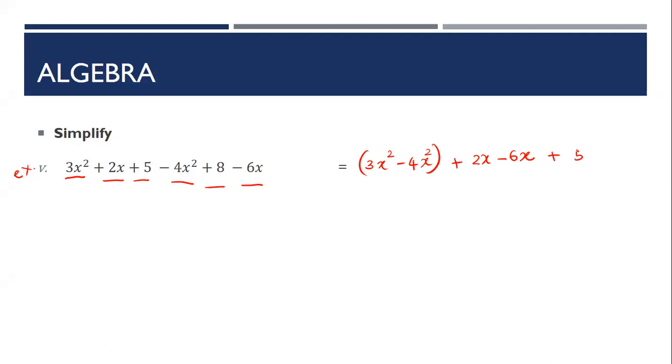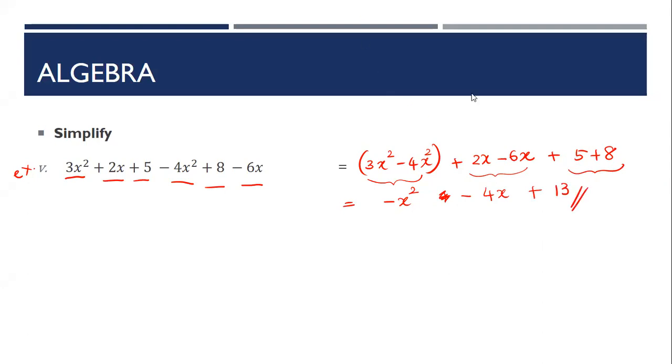So 3 minus 4 is minus x square, plus 2x minus 6x gives minus 4x, and the constants 5 plus 8 is 13.